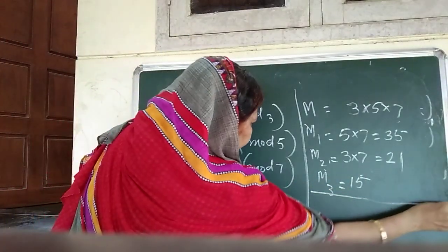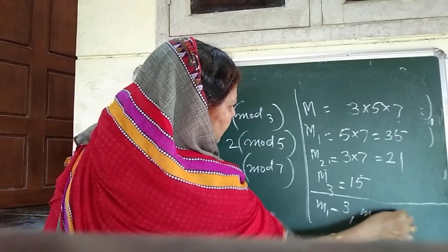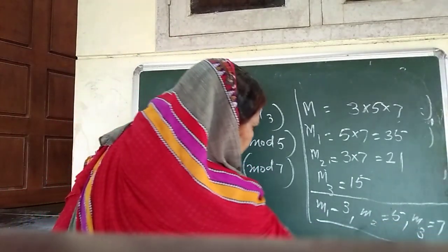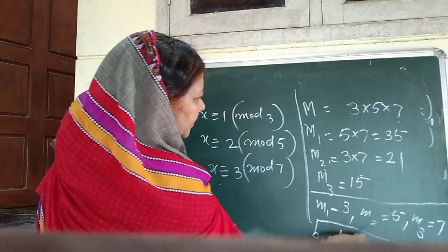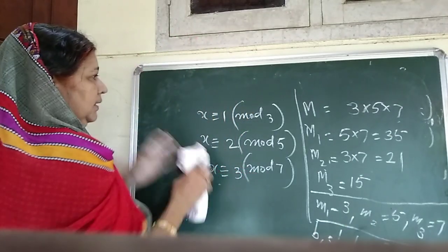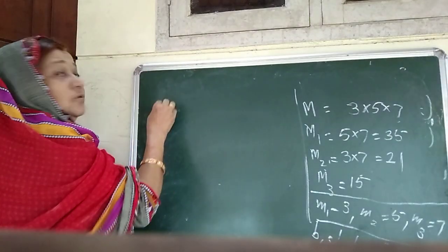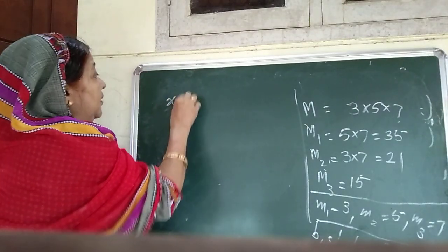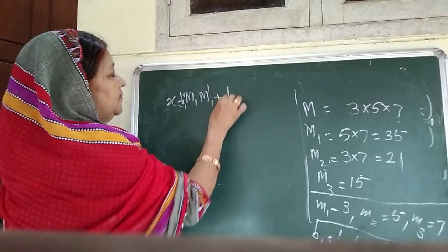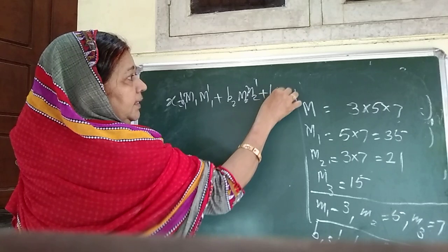Again, m1 equal to 3, m2 equal to 5 and m3 equal to 7. b1 equal to 1, b2 equal to 2 and b3 equal to 3. Then our solution is x equal to b1 M1 M1 dash plus b2 M2 M2 dash plus b3 M3 M3 dash.